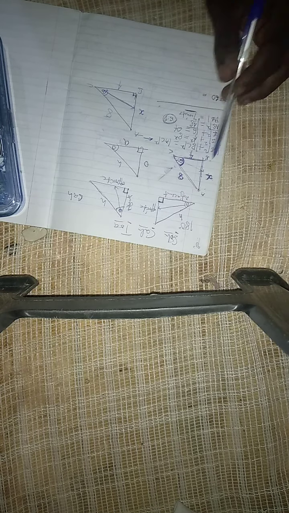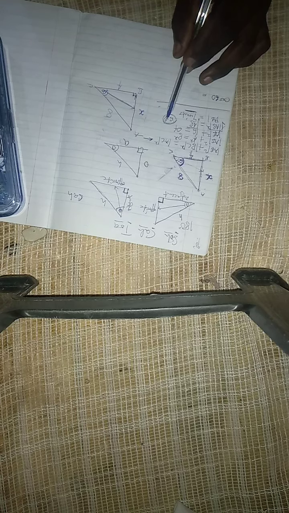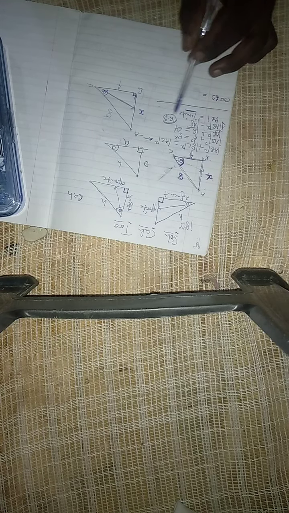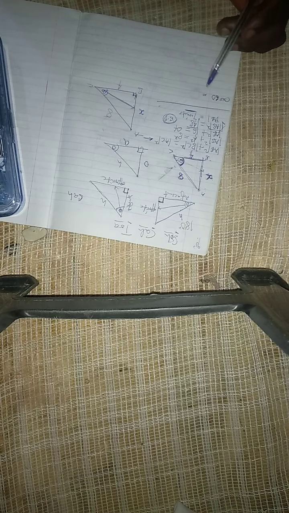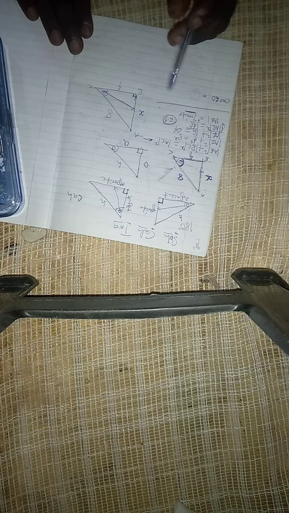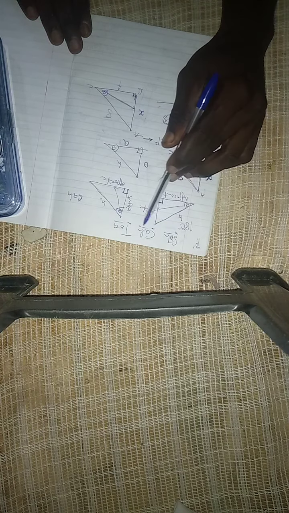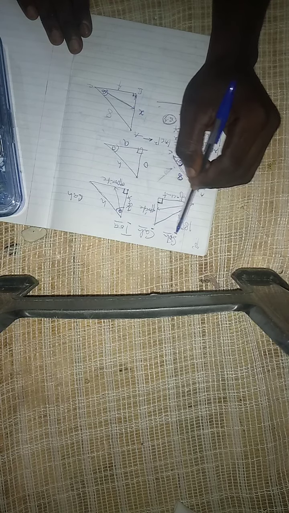This is the same question. So we used Pythagoras theorem and we had 6.9 centimeters, which is approximately 7. So we want to use trigonometrical ratio, which is SOH, CAH, and TOA. This is SOH, it means sine.